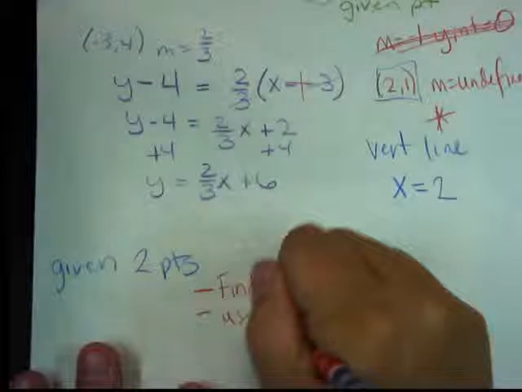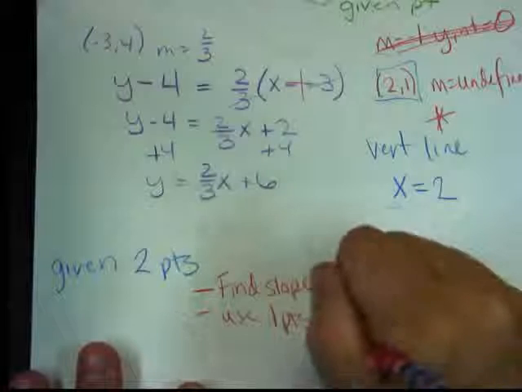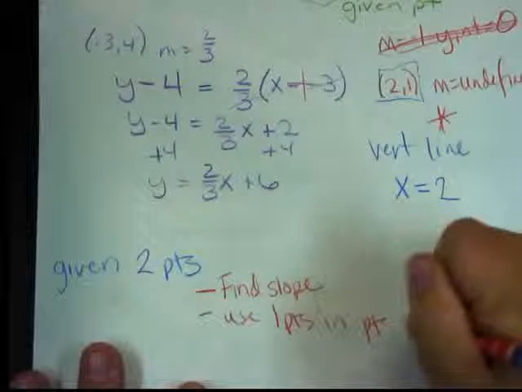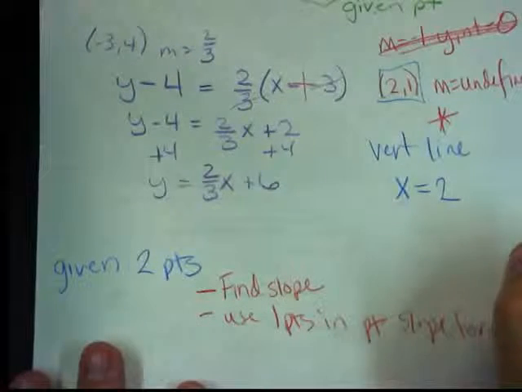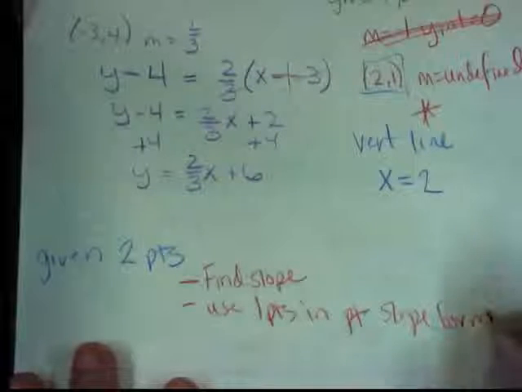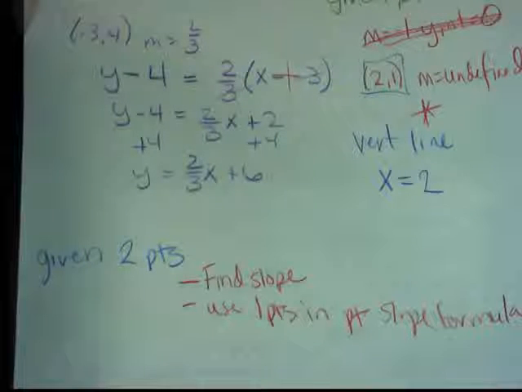And then you're going to use one of the points in the point slope formula. But in order to use the point slope formula, you have to know slope. So that's the first thing that we are going to do.